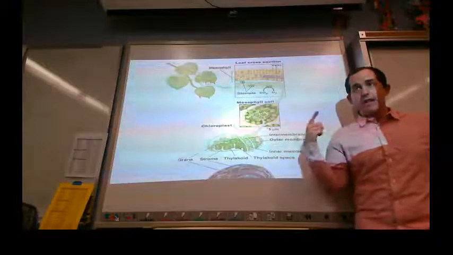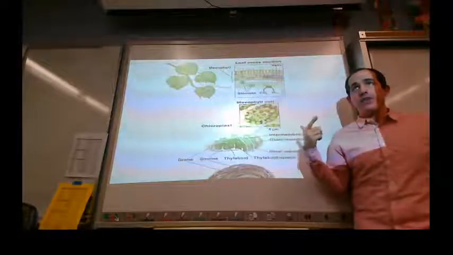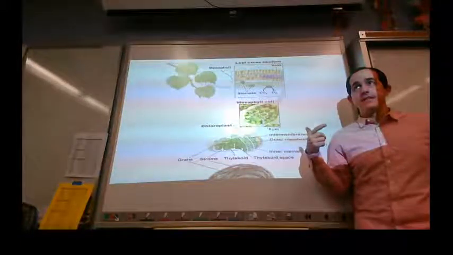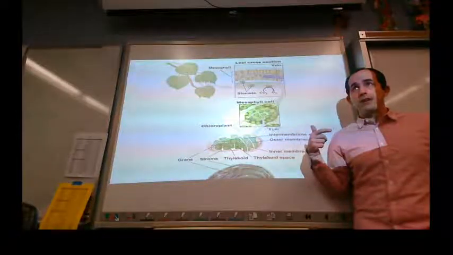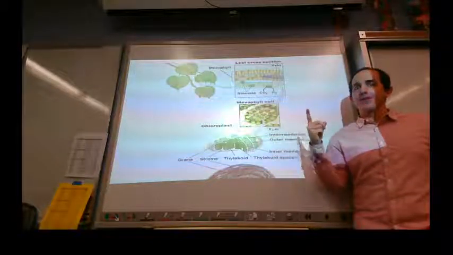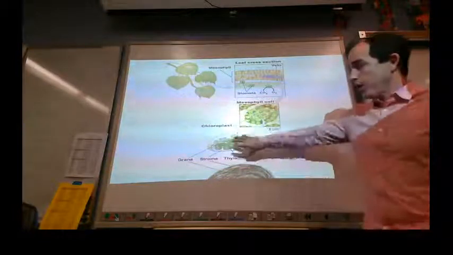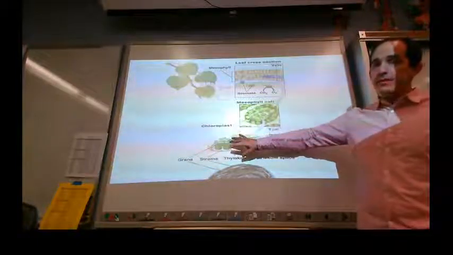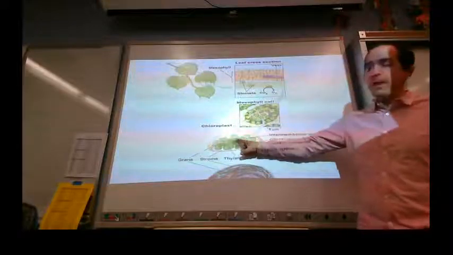As your brain is cranking, why would we want to have all of this inner membrane inside of the chloroplast? Hopefully your brain automatically goes to surface area to volume ratio. We're going to look at a bunch of chemical reactions that are going to take place on this inner membrane.